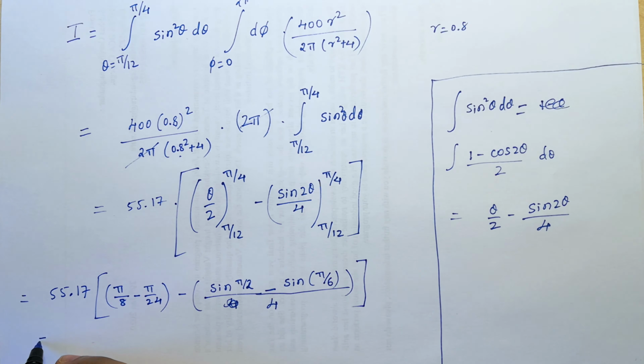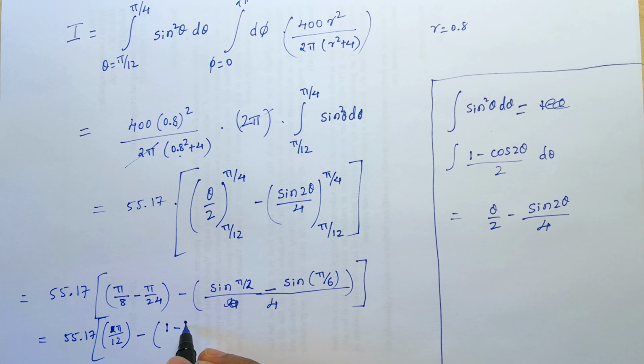So, if we solve this, it's 55.17 minus, let's just say if we multiply by 3 and 3 here, it's 24 again. So, it's 2 pi by 24, which is pi by 12, and minus sine of pi by 2 is 1, and sine of 30 is 1 by 2, that is by 4.